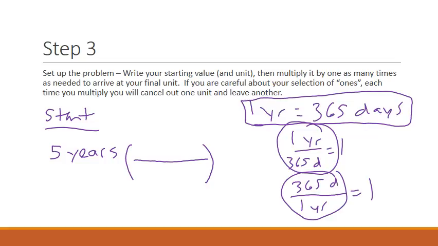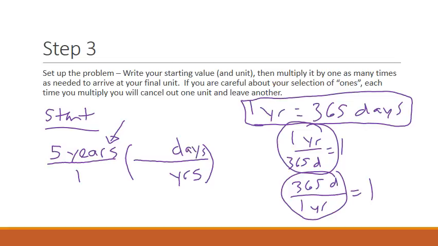So which one of those two is going to be the right one to pick? Well, the goal is to cancel out the years and turn it into days. So right now I have this years and it's on the numerator. I could write 5 years over 1 if I want, but the point is years here is on the very top of this fraction sign. So to cancel out something on the top of a fraction, I need to have that years on the bottom, which means that I'm going to put my days on the top.